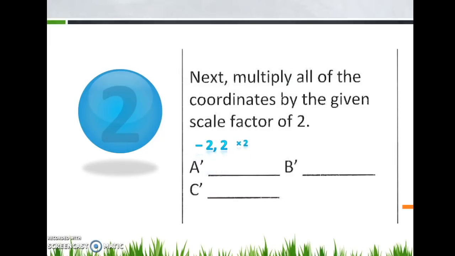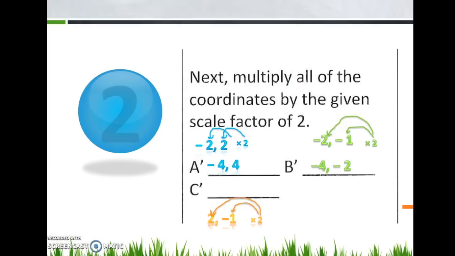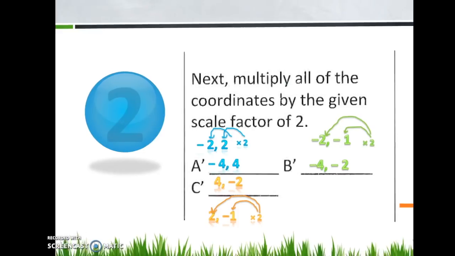So we had -2, 2. We multiply -2 and 2 by 2, which gives us A prime as -4, 4. B is -2, -1. When we multiply that, it gives us B prime as -4, -2. And C, 2, -1, multiplied by 2 gives us C prime as 4, -2.